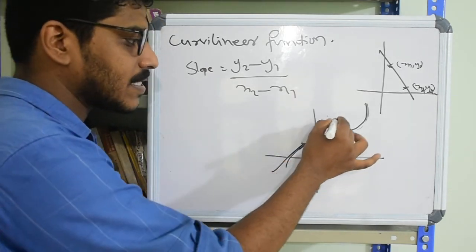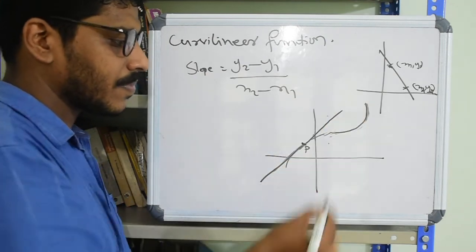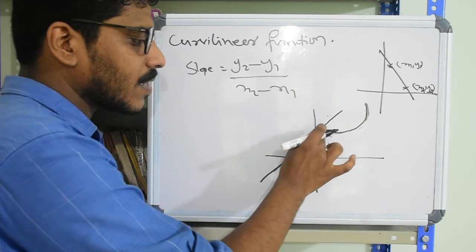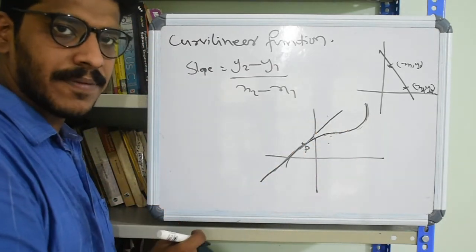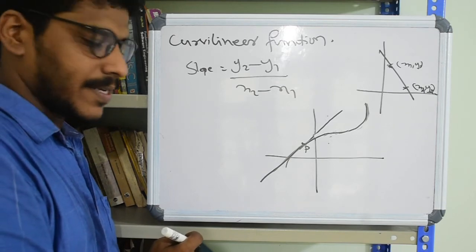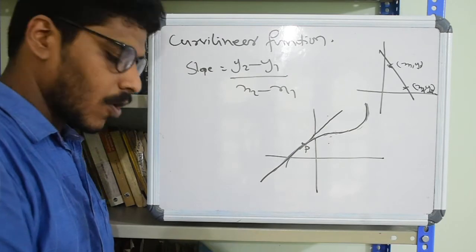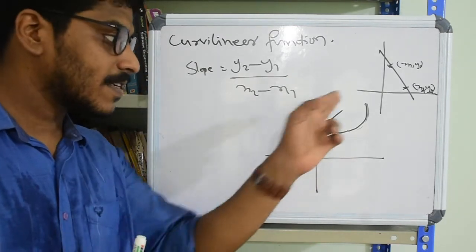So suppose this is the tangent line at the point P. The slope of the curve is defined as the slope of the tangent line at P. At any point we can construct a tangent line, and the slope of the curve at that particular point is defined as the slope of the tangent line.